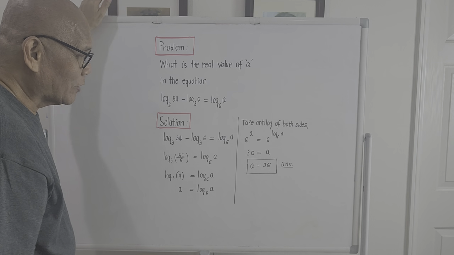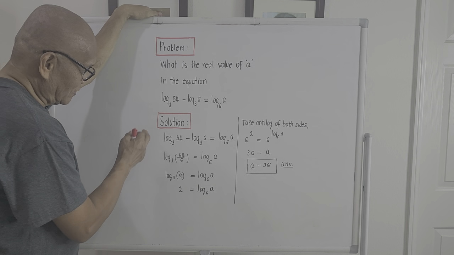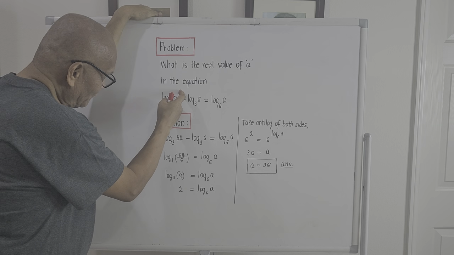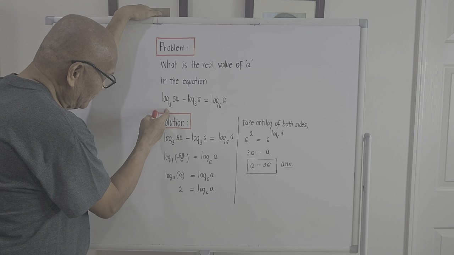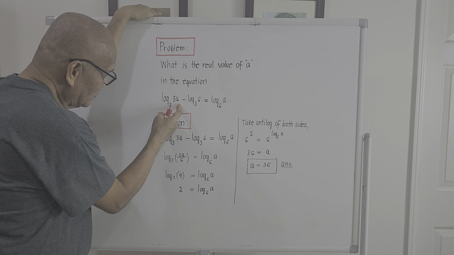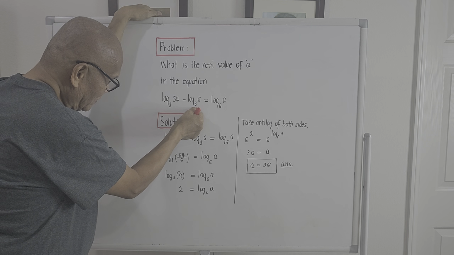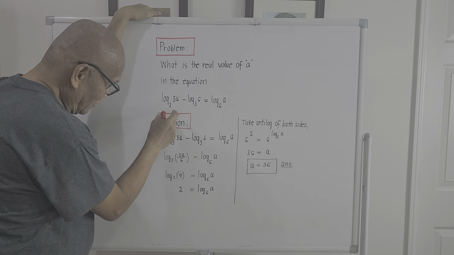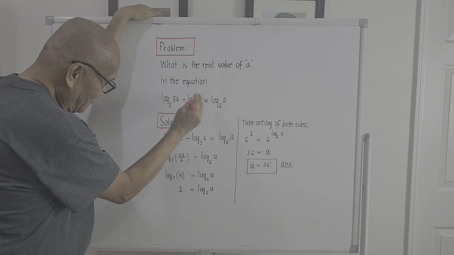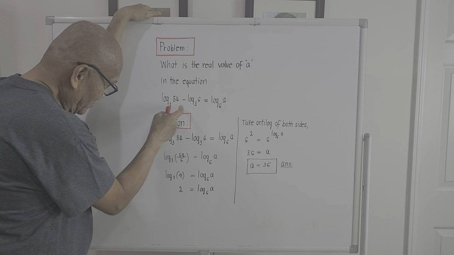The given logarithmic equation is the logarithm of 54 with the base of 3 minus the logarithm of 6 again with the base of 3. As you can see, the bases on the left-hand side are 3.